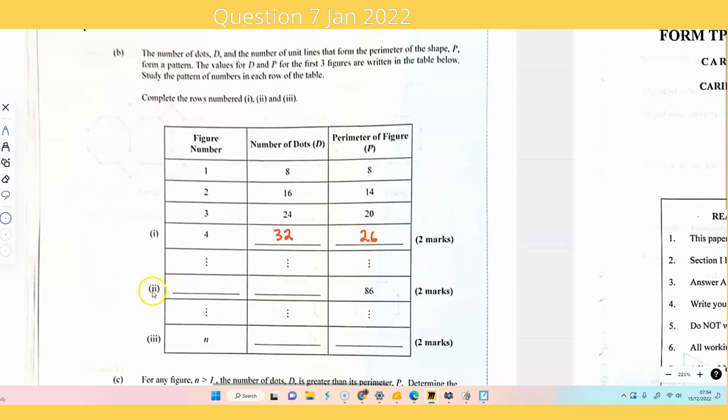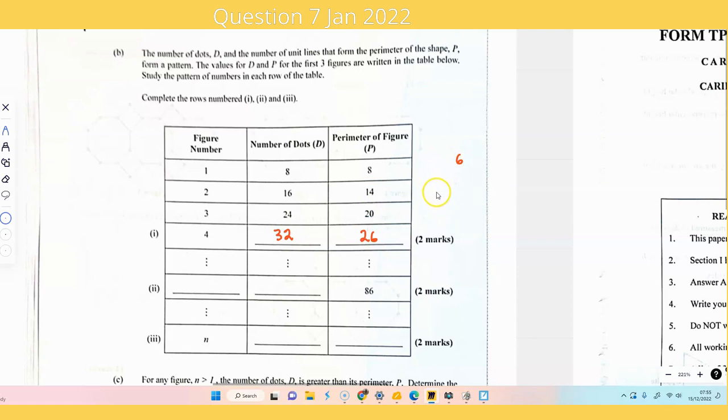And then now in part 2, you're required to complete what n should be here and the number of dots. So they gave you the perimeter. We need to have a look at this and use this information to figure out what's going on here. If it's going up by 6, we can find the nth term.